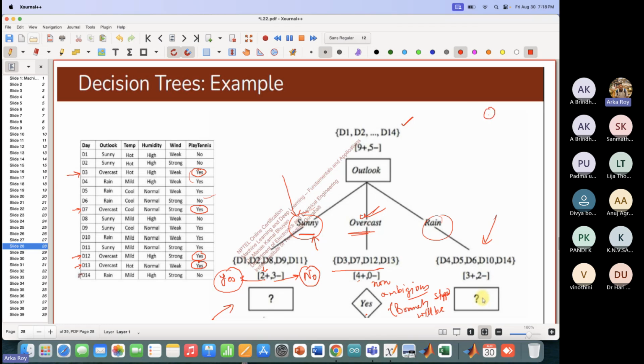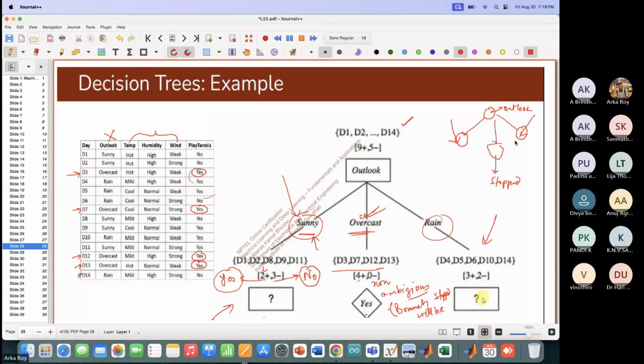Here it is stopped, this is stopped, but here you have to grow. So to grow, you again have to create 2 nodes. And then the next question is what you should put in these particular nodes. For that, now your Outlook variable is gone because you have put Outlook over here. Now you have to see out of these 3, what should be put over here and what we can put over here.